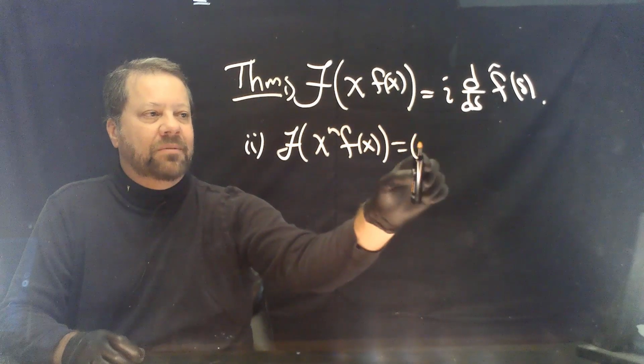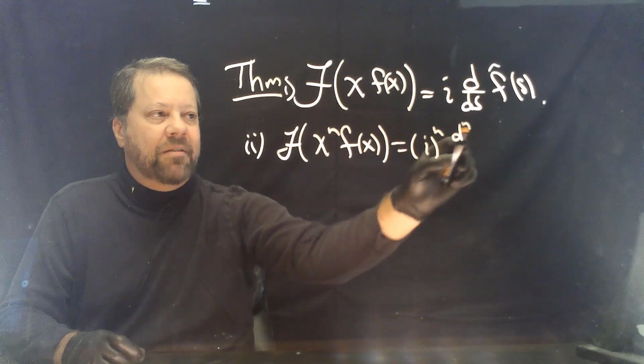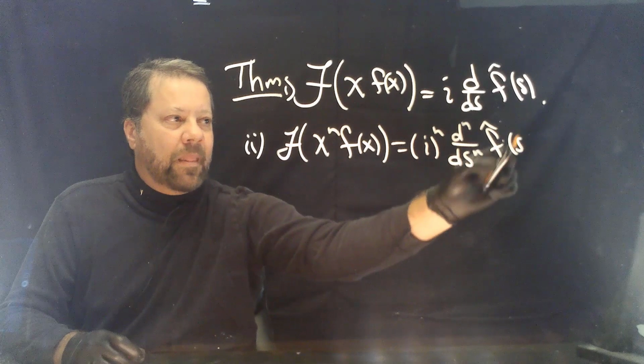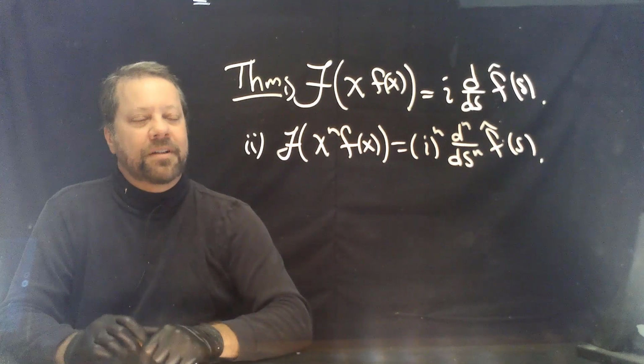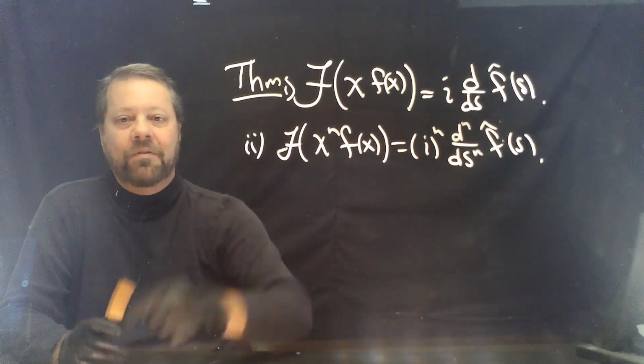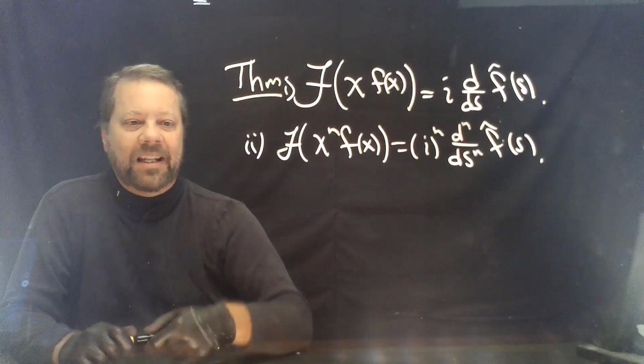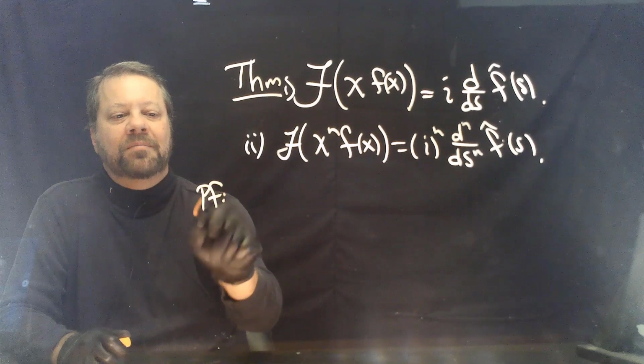Well, we'll have i to the n times the nth derivative of the Fourier transform of the original function. Part 2 follows by induction from part 1. So again, we really only need to prove part 1.